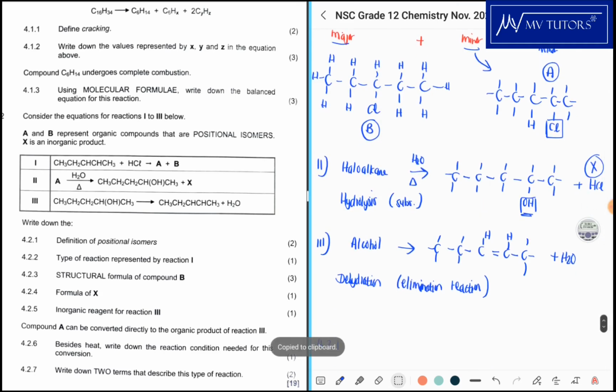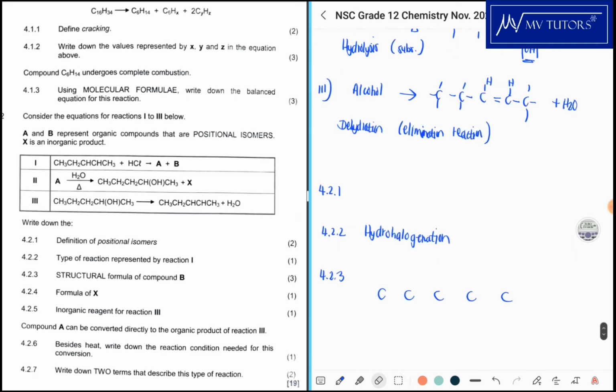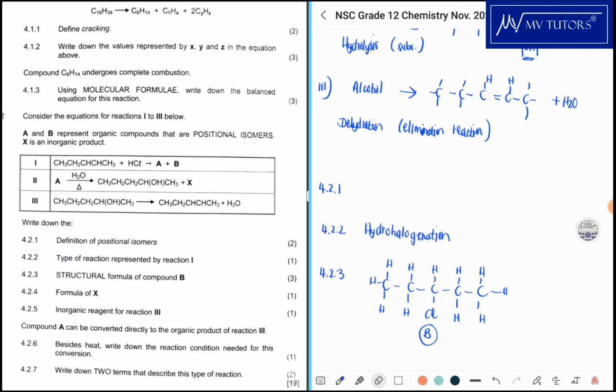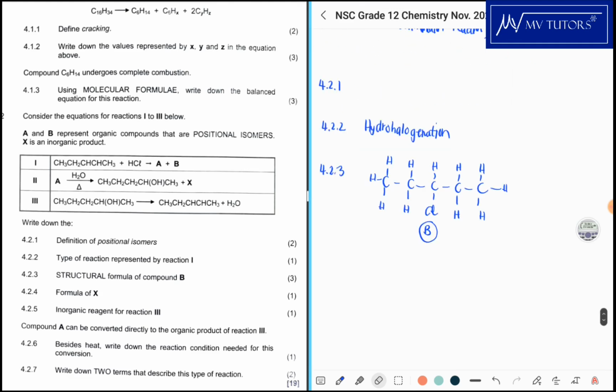Copy and paste. We thank God for technology. Do things much quicker. They just want the structural formula, they didn't want the name. If they did, it would be 3-chloropentane.